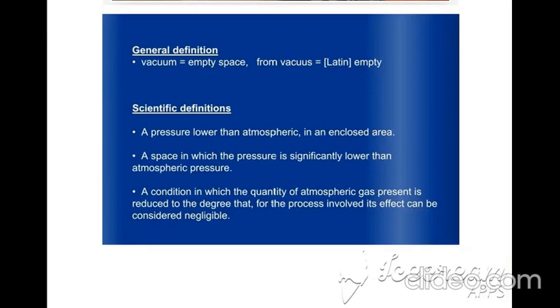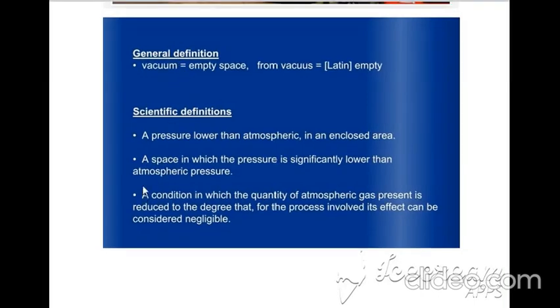So atmospheric pressure is a reference, and if we are talking about vacuum, we will always take our discussion below atmospheric pressure. And you people know well about atmospheric pressure, which is 1 atm. For vacuum pressure, one condition is important: it must be in an enclosed area.